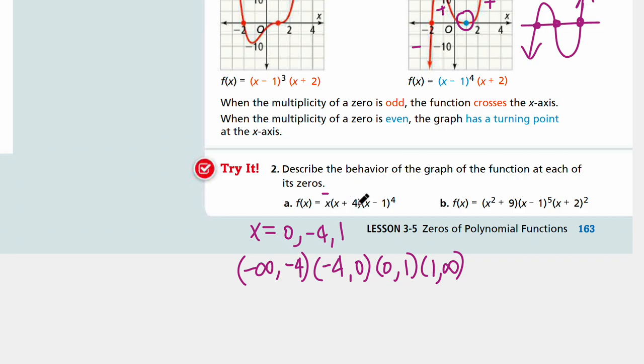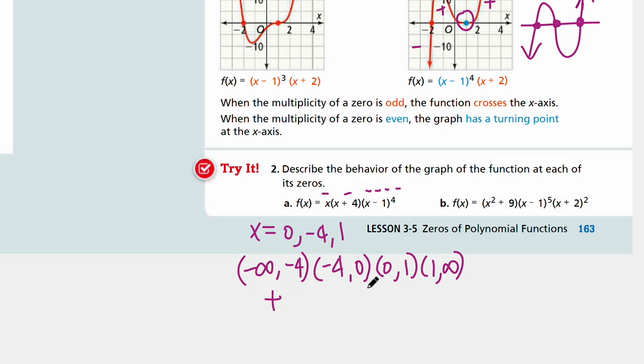And then -5 plus 4, negative. -5 minus 4 is going to be negative, but it's multiplied 4 times. So negative, negative, negative, negative. So it's a positive. Positive times negative is a positive. So this is going to be positive, okay? -infinity to -4, that's going to be positive.